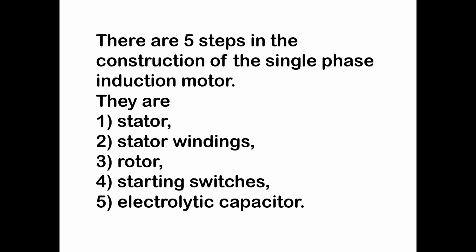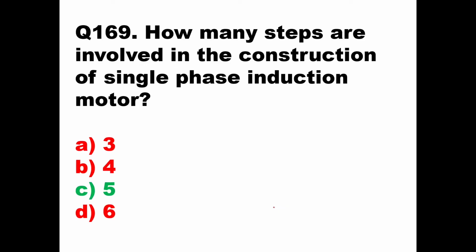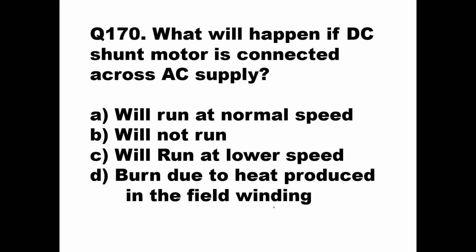They are the stator, the stationary part, the stator windings of the stator, then the rotor, the rotary part, then starting switches and electrolytic capacitor. So stator windings, rotor, starting switches, and electrolytic capacitor are the five steps which are required in the construction of a single phase induction motor. So the answer should be five over here. Then we'll go to the next question, question number 170.